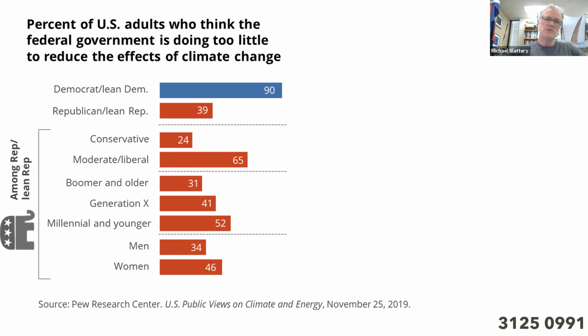But among those who identified as Republican or leaning Republican, when you look at the breakdown by generation, this is not my opinion, this is the research, more than half of the millennials and younger said absolutely, and the same with those who identified as moderate or liberal conservatives. Among the leaning Republicans, that number is 65%.